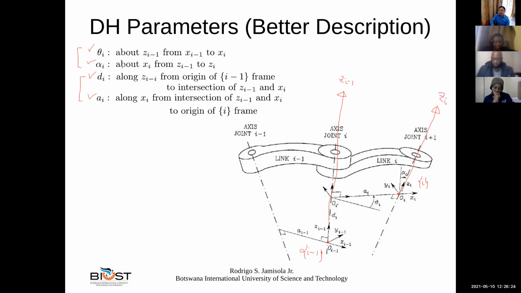Now we need to define the relationship of frame I with respect to frame I minus 1. This is a joint I, and it rotates about zi minus 1. So when it rotates about zi minus 1, we say about zi minus 1. So this is your theta I.